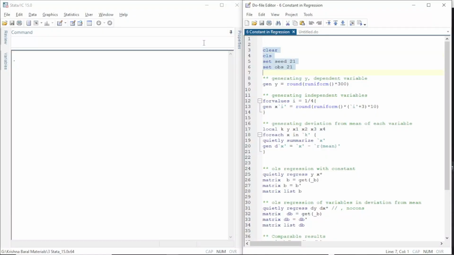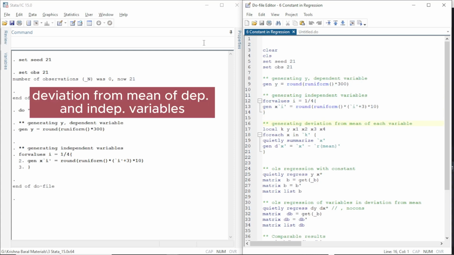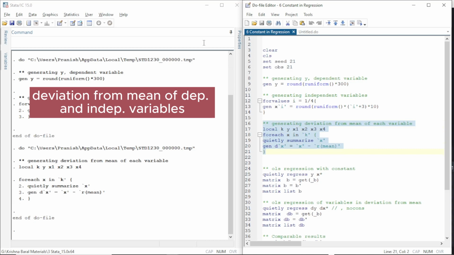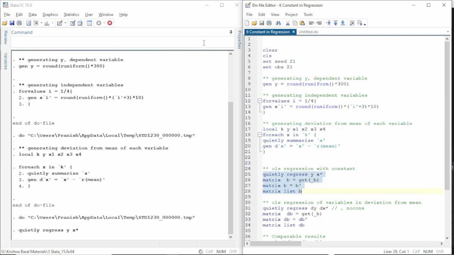Our dataset contains 21 observations, and let us create our dependent variable as well as the independent variables. We have 4 independent variables, and let us create the deviations of the dependent as well as the independent variables. These are different variables. Now let us run the general regression equation where y is our dependent variable and x is our independent variable.